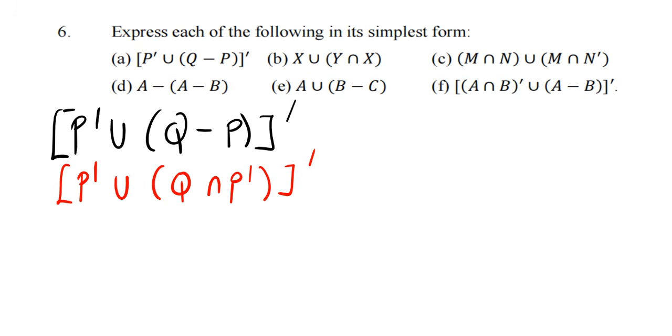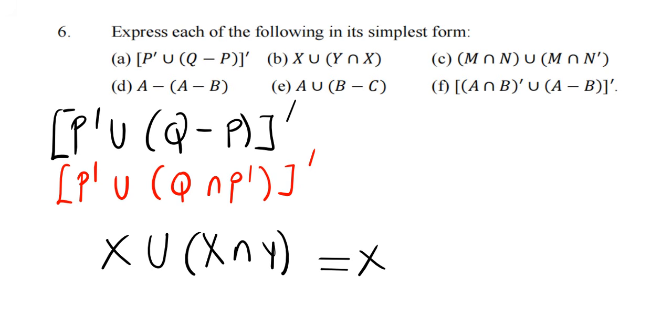Now if I just want to solve what I have inside the bracket, you should know there's what we call the law of absorption. Absorption is if I've got X union X intersection Y, this always gives me X.